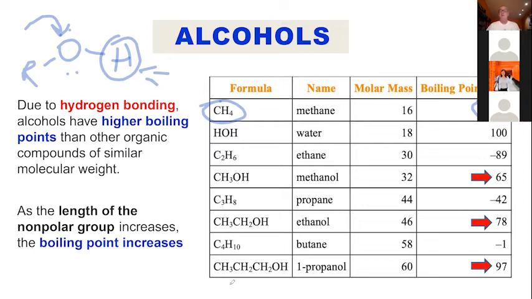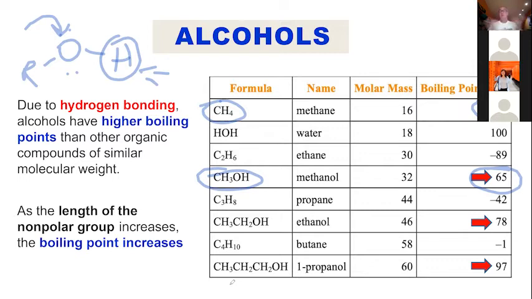All you need to do is pull one of those hydrogens off and replace it with a hydroxyl group, and you've got methanol. Look at the boiling point of methanol. It's like 230 degrees higher. So just the presence of that one hydroxyl group increases the boiling point by 230 degrees. That is a huge difference.